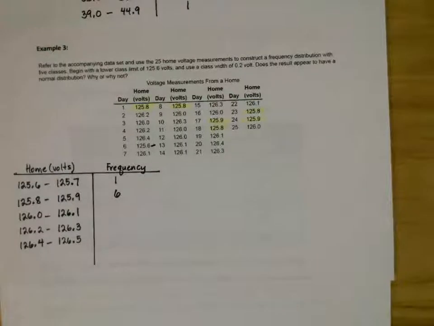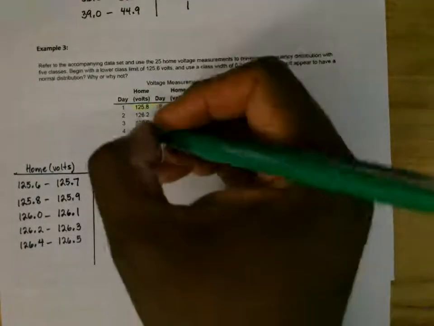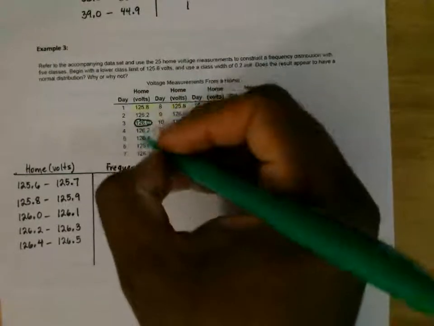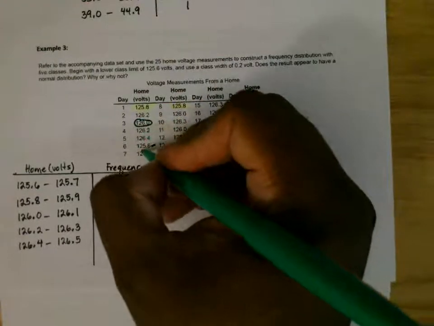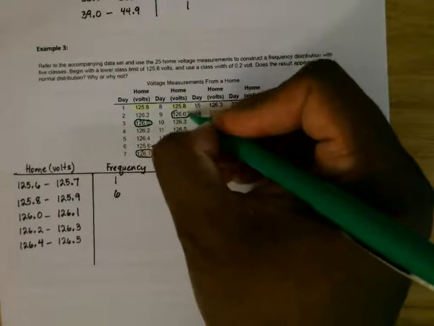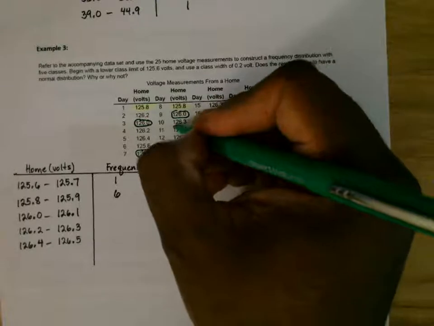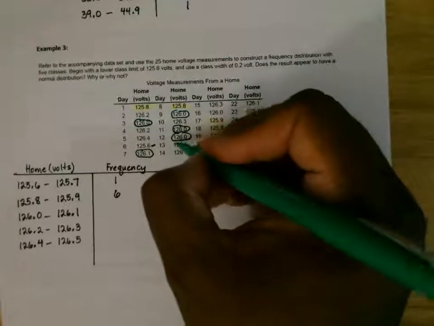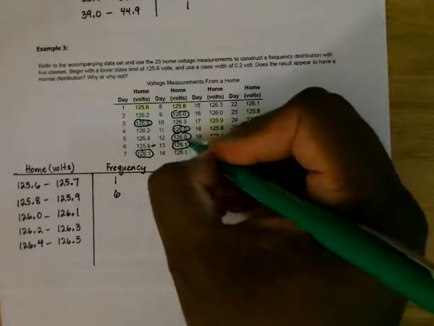And now for 126.0 and 126.1. Looking at this, 126.0, there is one. There's a 126.1. There's a 126. Another 126. Another 126. A 126.1. Another 126.1. 126 is here.